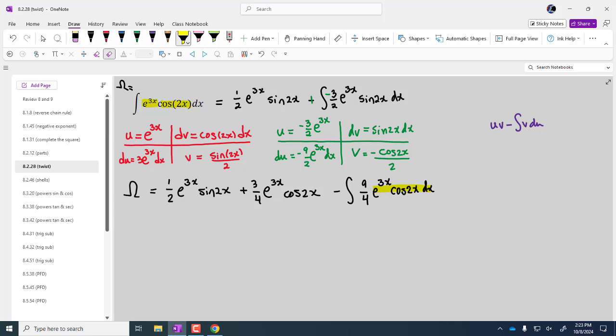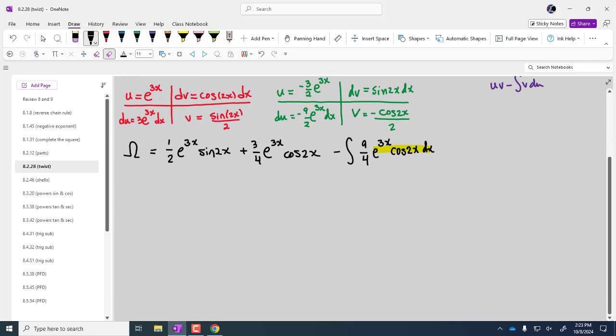So we will have, on the left, just omega for now. And then on the right, these first couple of terms, and this will be minus 9/4 times omega.